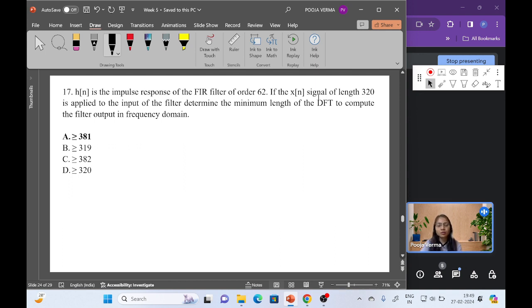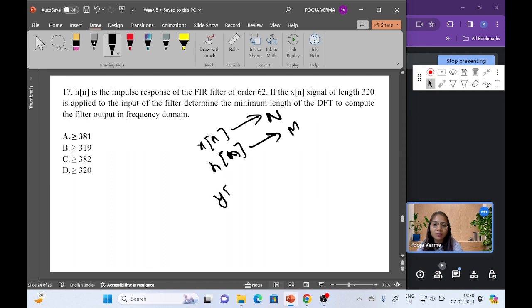So if there are two signals x of n and h of n given, let's say sequence x of n has length n and h of n has length m, then what will be the output? What is the total length of this output signal? Already you have gone through that. What will be the total length of these two signals? So you know that it is n plus m minus 1.